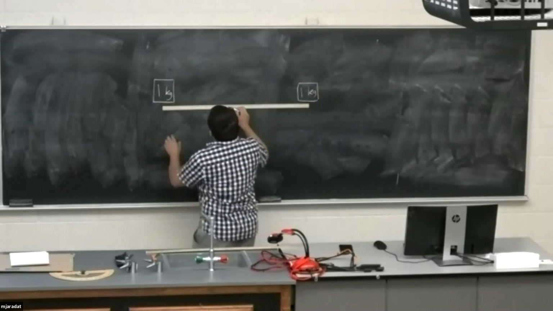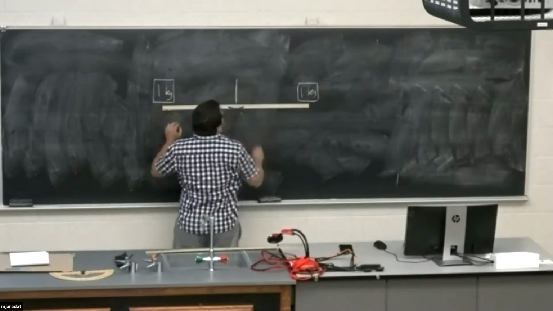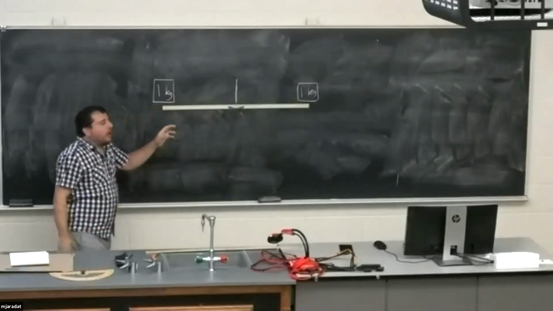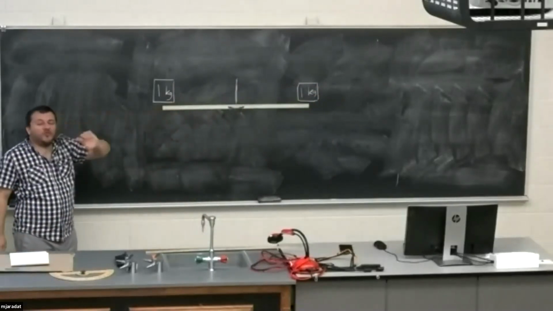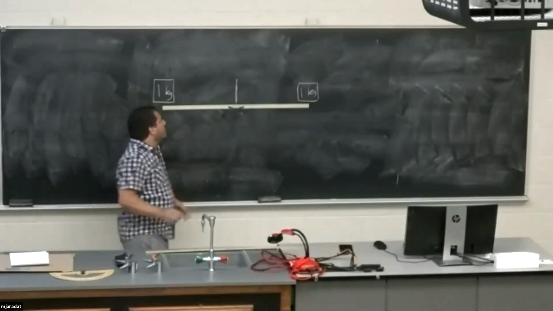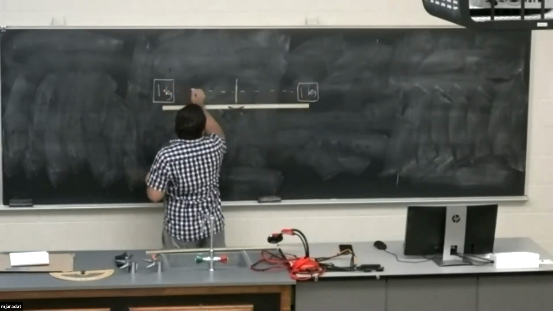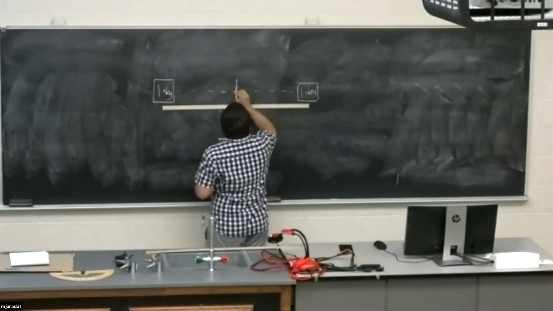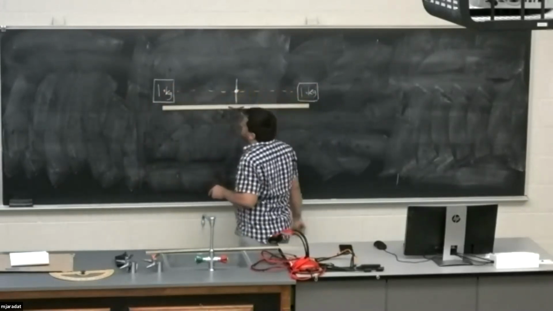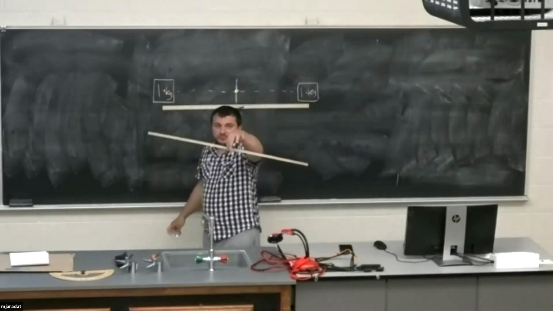The distance between them is 1 meter, and this is the center between them. If I ask you about the center of mass of these separated objects, you will tell me the center of mass is at the point in the middle between them, here. It is the same as this example.